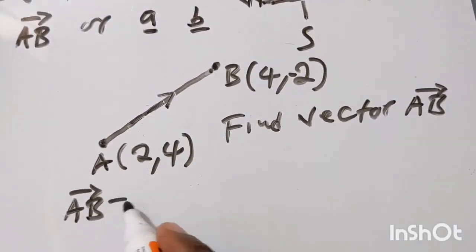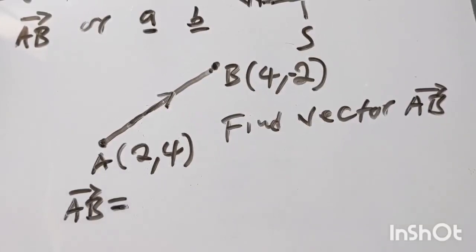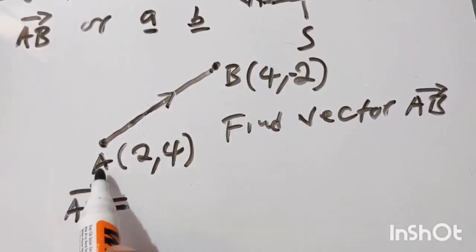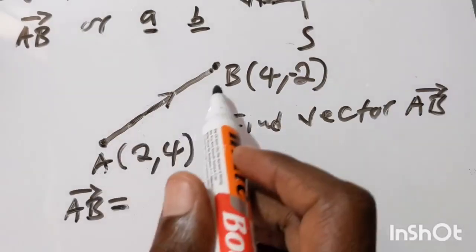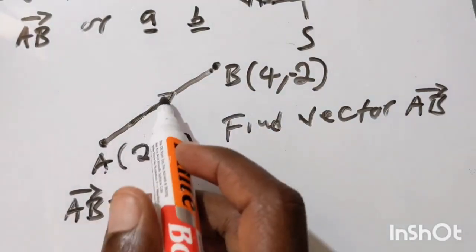Now, what is the formula if you want to find this vector? If you see where the vector is starting from, it is starting from point A and ending at point B, if you see the direction.